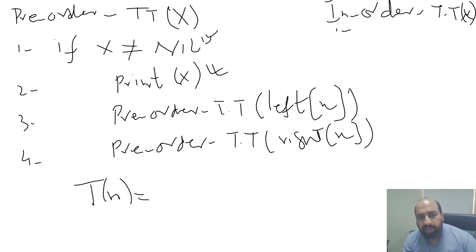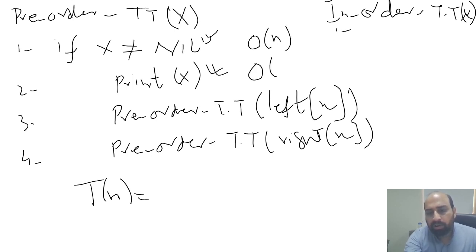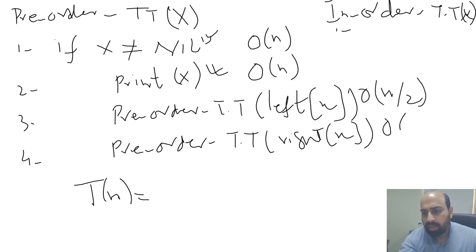Every time you check it, you need to perform this for every node, so this requires order of n, the number of nodes. You are going to print every node, so this also requires order of n. And here you are going to call it for the left-hand side, so the problem is divided by 2, which is order of n by 2, and the same for the right.